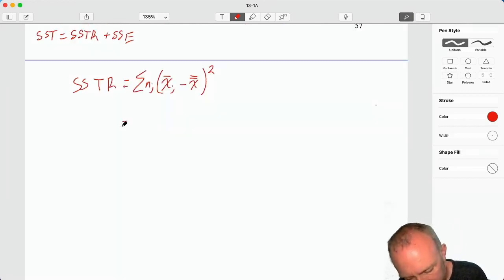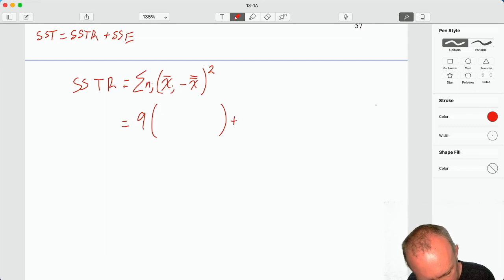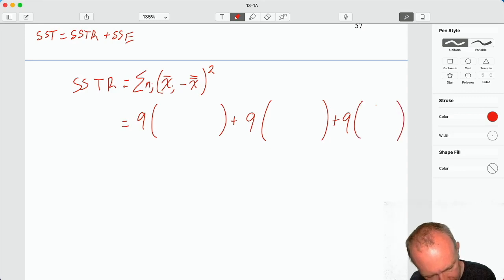Okay, so here I have my sample size. Each of those samples contained 9 observations. So now I'm going to calculate these 3 differences. Each one we multiply by 9, and these are all squared.